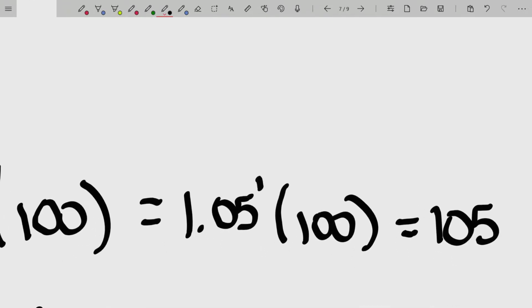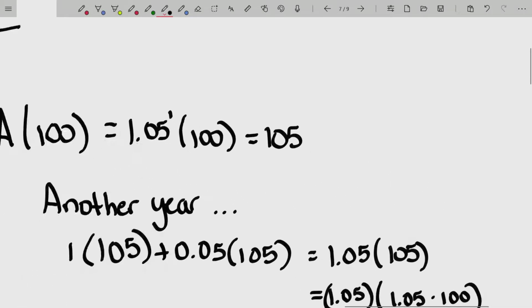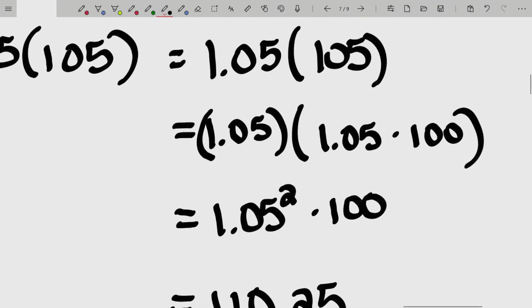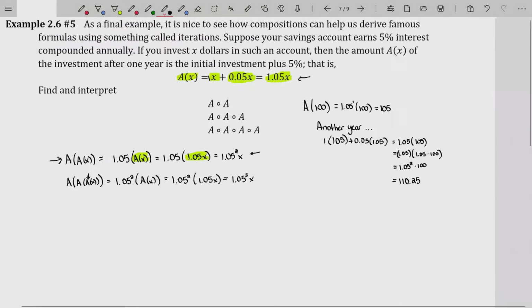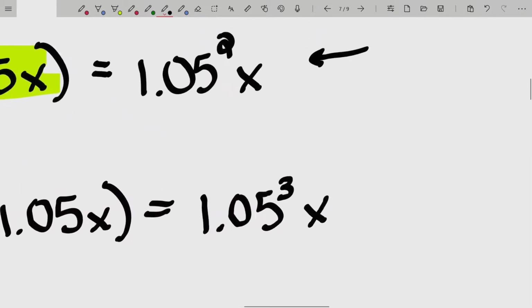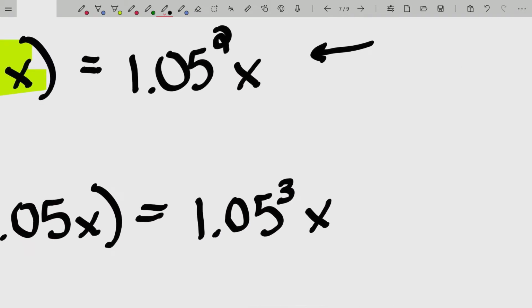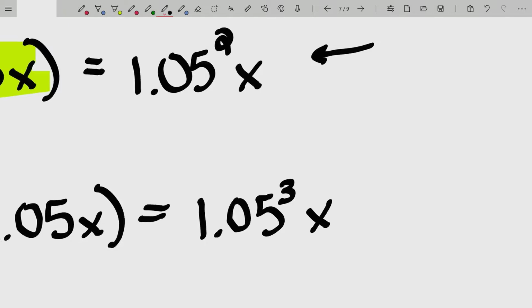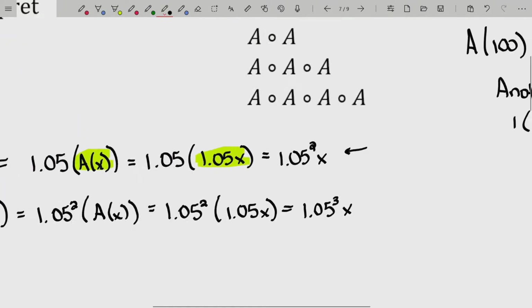But if you see the pattern, after 1 year, you have 1.05 to the first times $100. After 2 years, you have 1.05 squared times $100. After 3 years, you'll have 1.05 cubed times your $100 or whatever your initial investment was. So find and interpret these compositions.